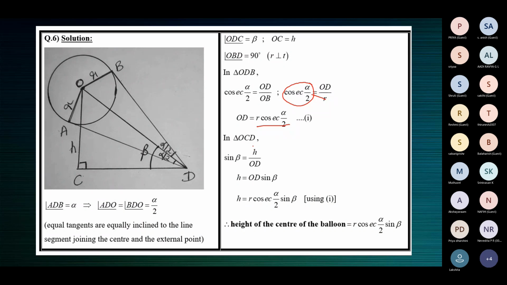Then the other right triangle, OCD, which has beta in it. And we have to find sine beta, because that is what is there in the final result. Opposite by hypotenuse. So this is the right triangle which has beta.